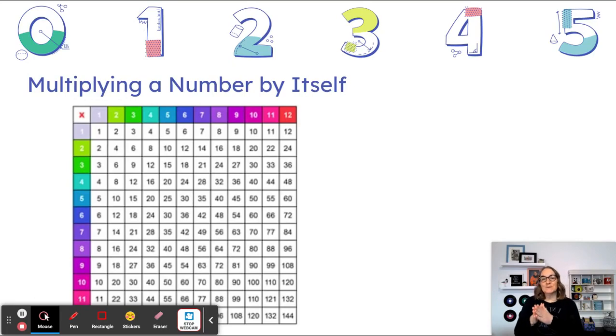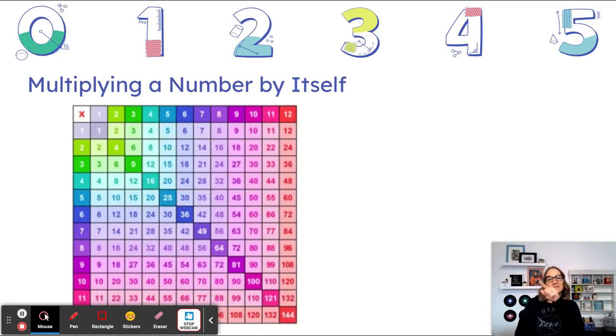When we talked about multiplication facts, we also learned that any number times itself is called a square number, and we can see that really clearly as a cool diagonal line on a multiplication chart. So, because 2 times 2 equals 4, 4 is a square number. So is 9. So is 16.